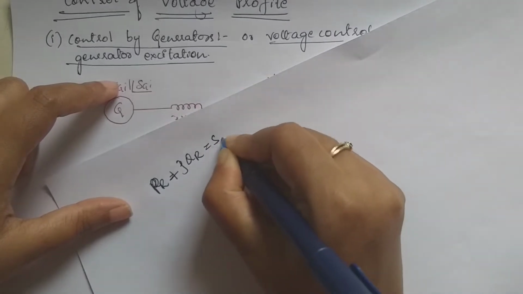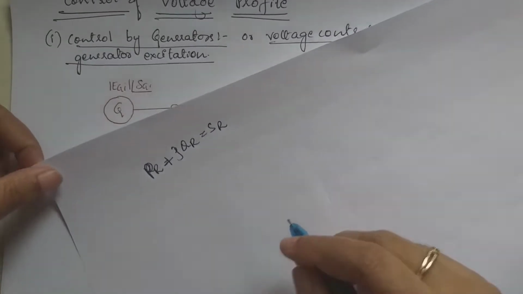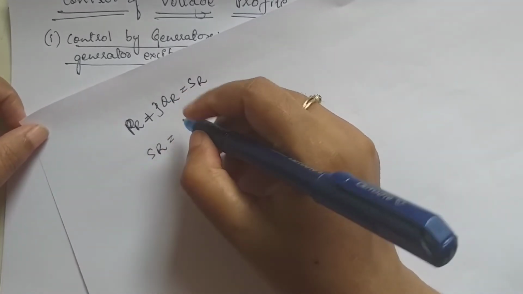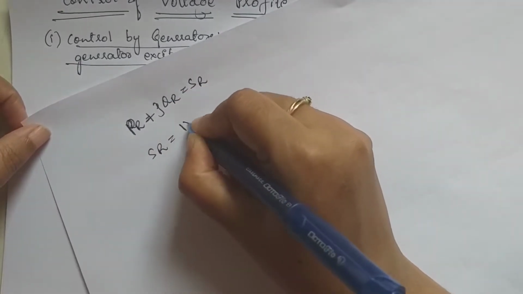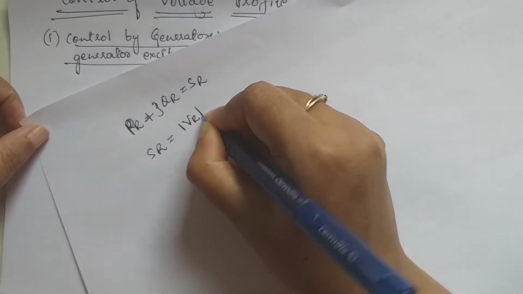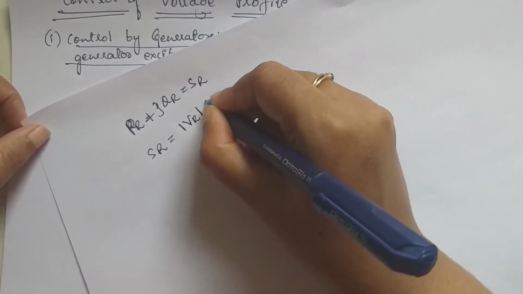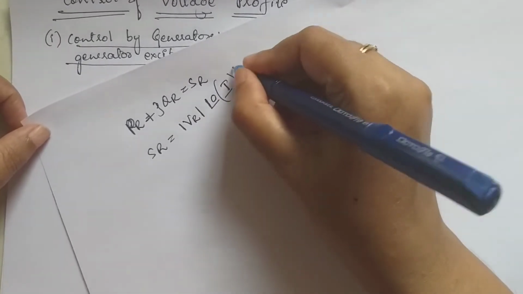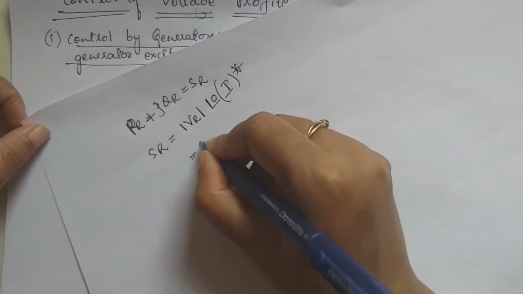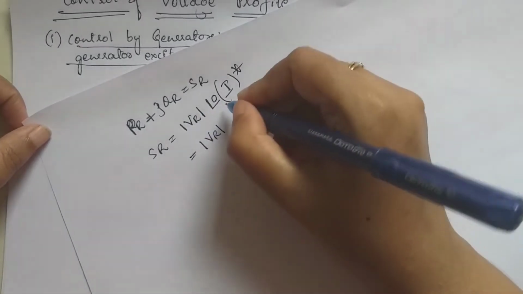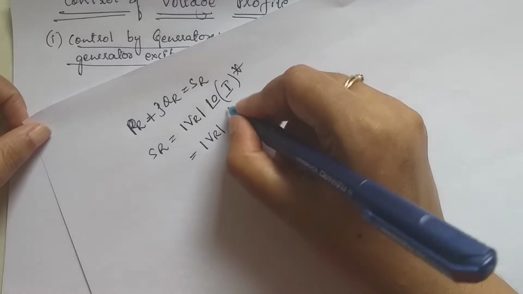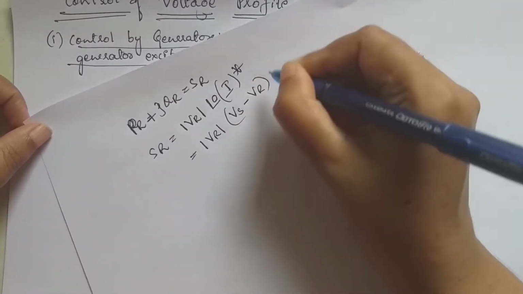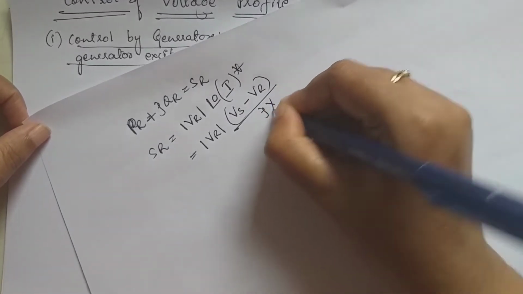So SR is equal to VR at an angle 0 into I conjugate, where VR is at an angle 0, it is VR only. I is (Vs minus VR) divided by jX.